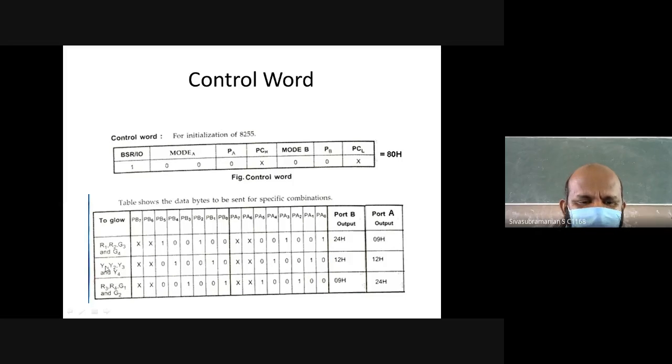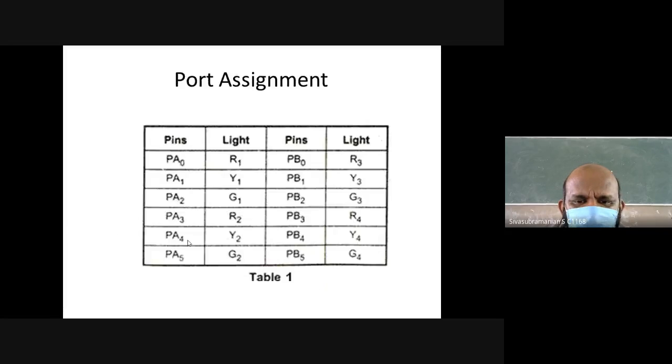Okay. And this is how, the next step, which light to glow, and for that particular glow of light, what should be my output for my port A and port B. Okay, for a case like R1, R2, G3, G4 to glow, right? Understand here the first step, R1, R2, G3, G4.